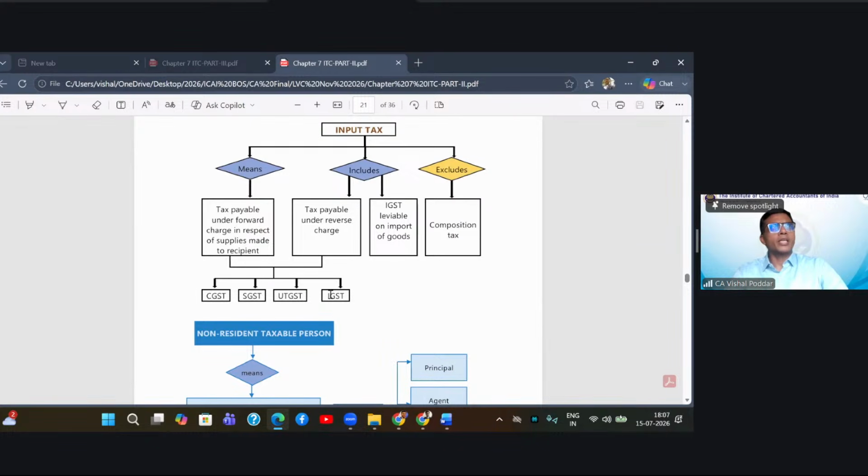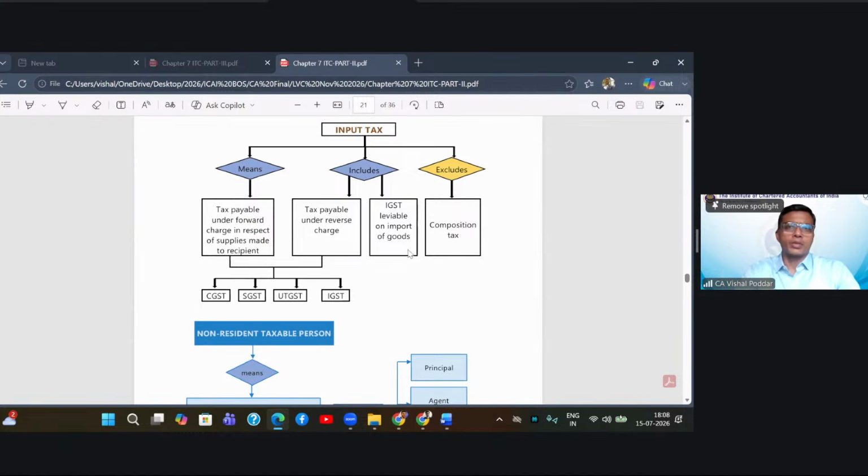So ITC is the credit of input tax. So the question is, what is input tax? Input tax simply means, in one line, taxes of GST, whether paid as forward charge, whether paid as reverse charge, whether paid as part of customs in the form of IGST, any type of GST tax is what will be input tax.